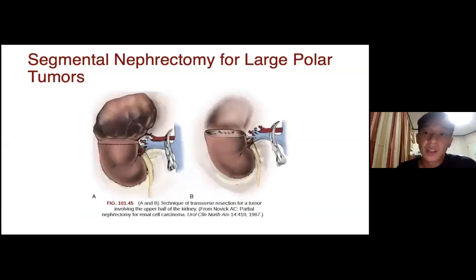So when the apical segmental artery is ligated, the renal pedicle is clamped en bloc using a Satinsky clamp, and then there is an ice flush before you cut out your tumor, and then release the clamp to control any bleeders.